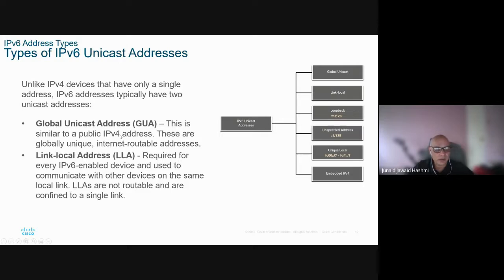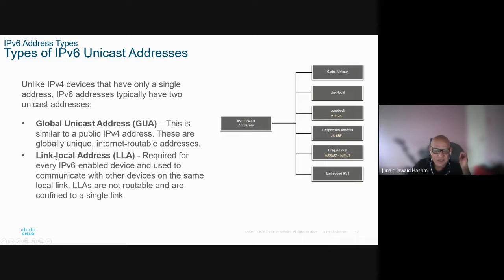If you recall, in IP version 4 you have public addresses and private addresses. Private addresses are not routable on the internet; they're only used in a private network. Same thing here: the GUA, global unicast address, is the public address that is routable on the internet.